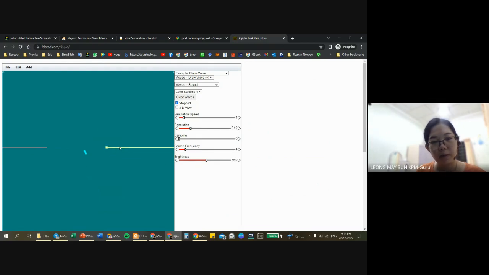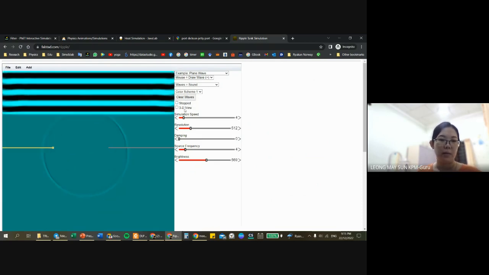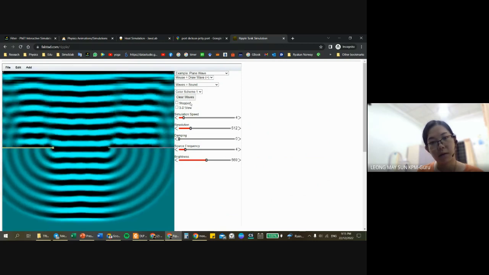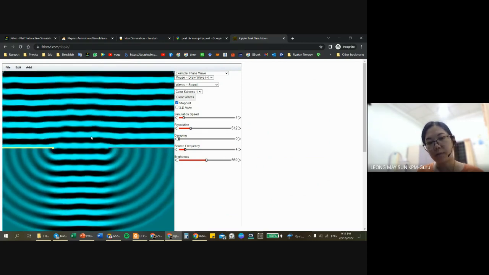So what happens if the opening is very big? Watch. What happens when the opening is very big? When the opening is very big, you will notice that this part here, the wavefront seems to be the same. The brightness of the bright light, which signifies the amplitude, is also the same.